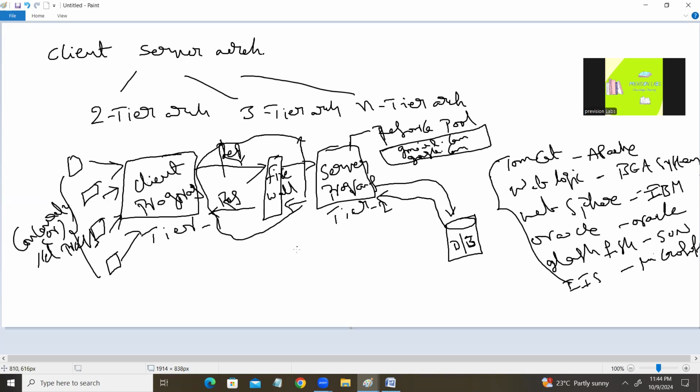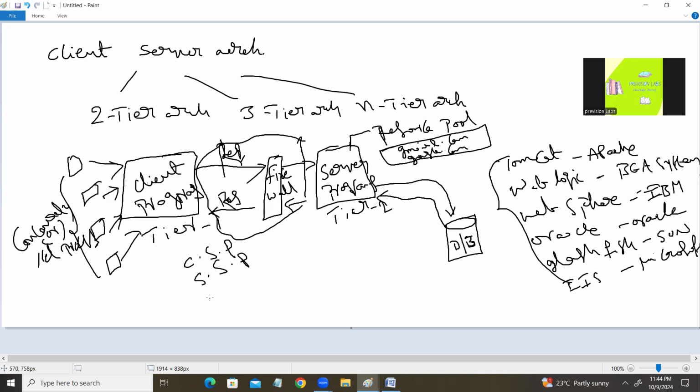Based on this, in general, we can categorize how many project members or roles there are. Suppose you are working on a project, who all are working here? Client side programmers and server side programmers are required to design the distributed application or project.